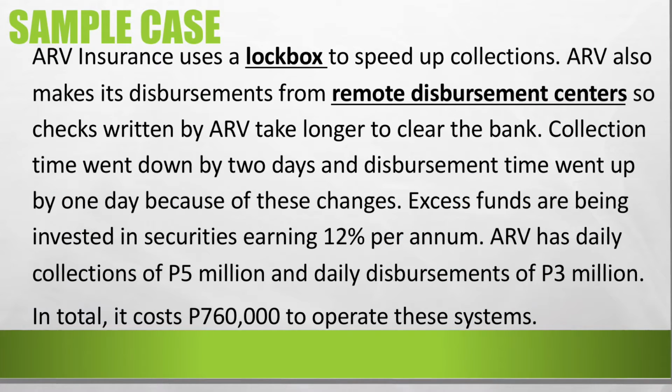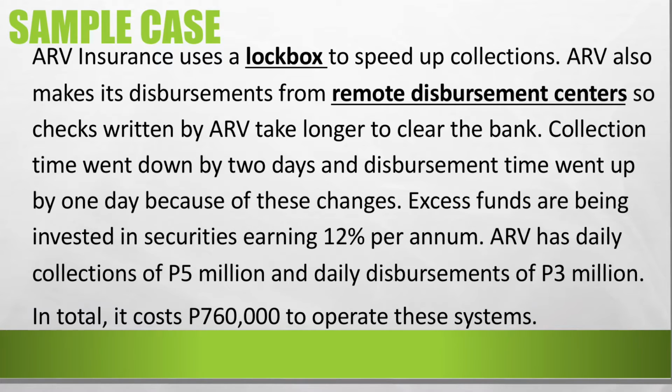Refer to the following case. ARV Insurance uses a lockbox to speed up collections. ARV also makes its disbursements from remote disbursement centers. So checks written by ARV take longer to clear the bank. Collection time went down by 2 days, and disbursement time went up by 1 day because of these changes.